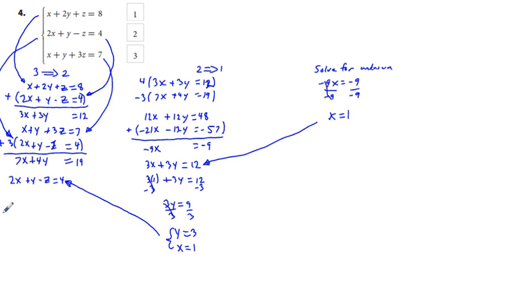When we do that, we're going to have 2 times 1 plus y, which is 3, minus z is equal to 4. On the left side, we have 5 minus z equals 4. We subtract 4 from both sides. We have 1 minus z equals 0.